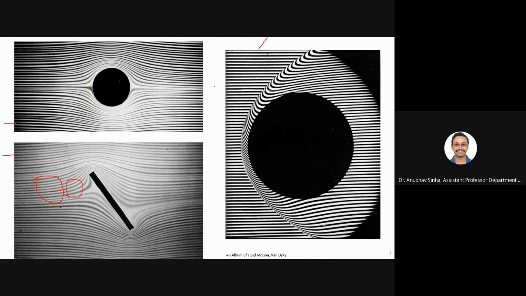It will come straight. Let me draw it for you. Here you see there is something drastic happening. Something interesting is there, and it is completely changing how the fluid is behaving. And you see the difference between this and this. This is the same spherical or circular object, and you see the difference in streamlines here.